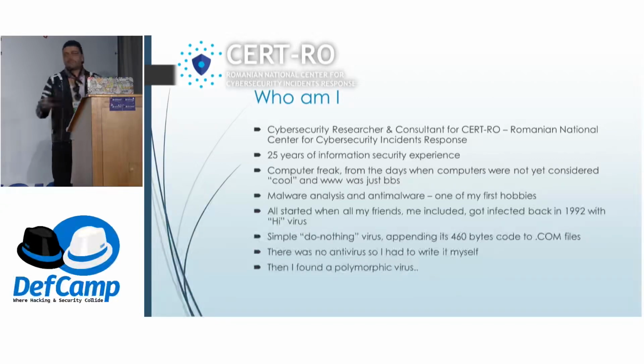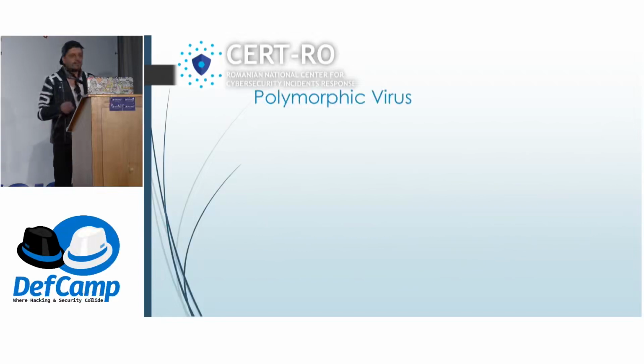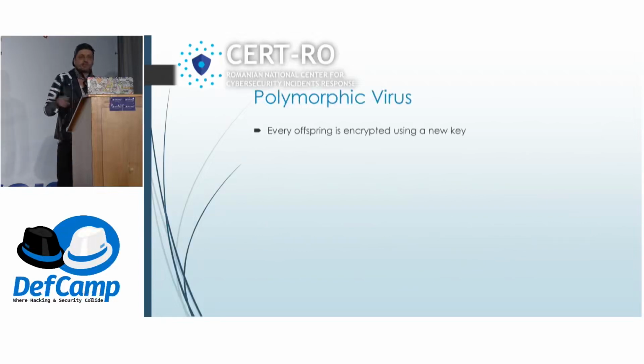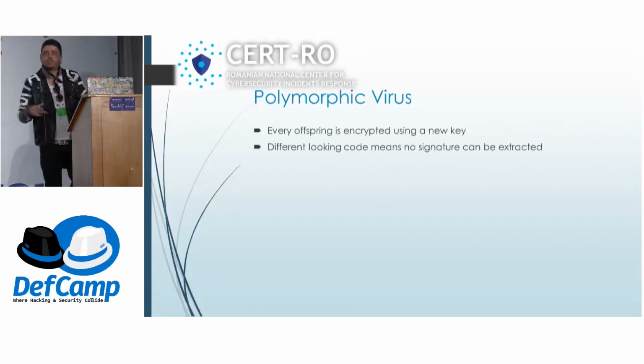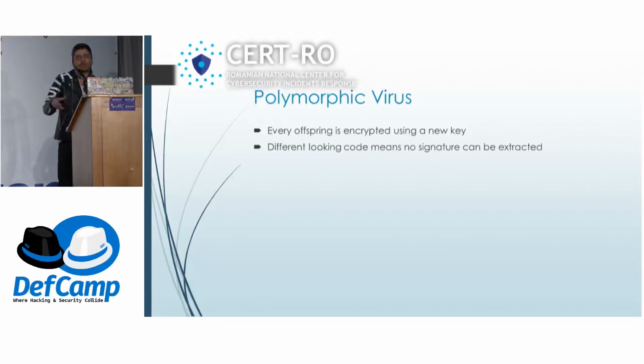But then I found the polymorphic virus. What is a polymorphic virus? Every offspring, every generation of this virus is encrypted using a new key. Therefore, the code of every new generation is completely different from the parents, so to say.